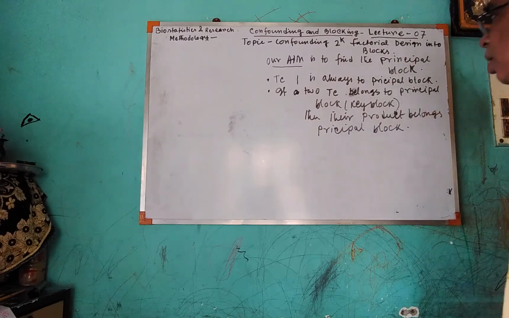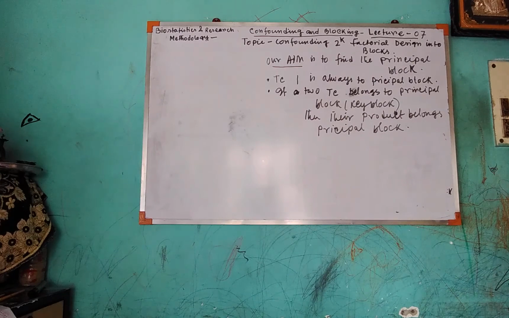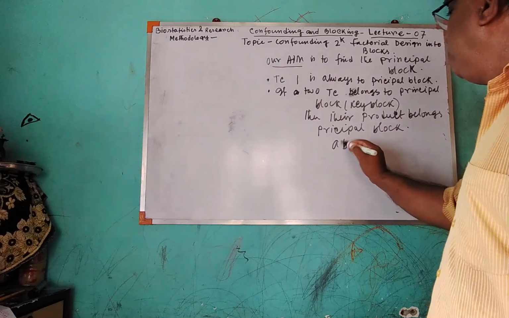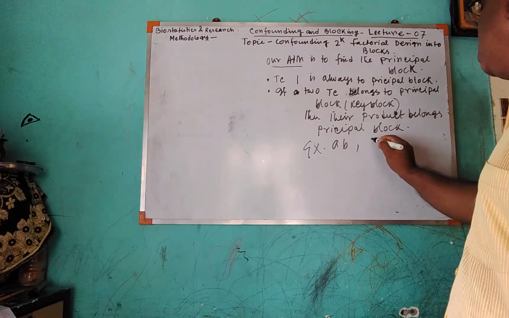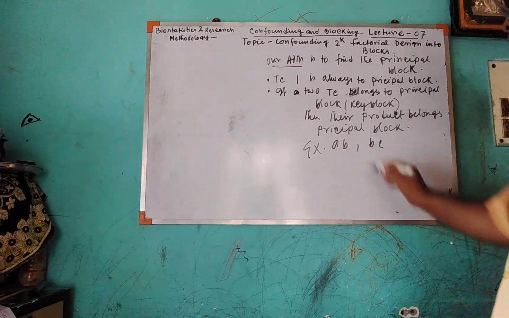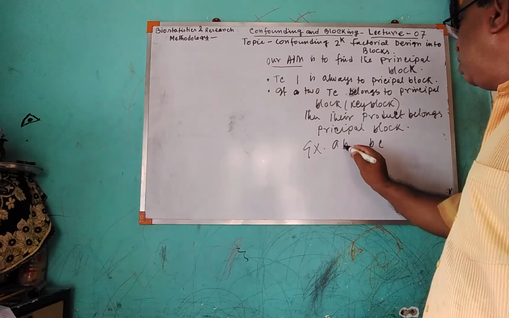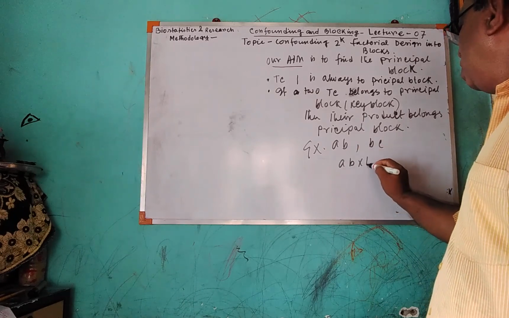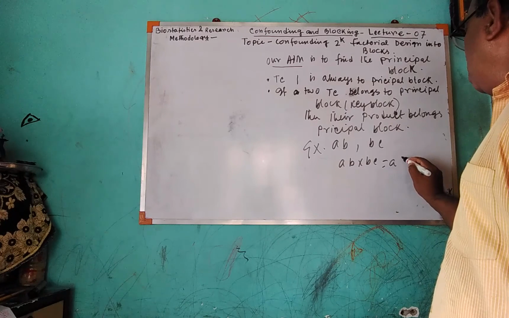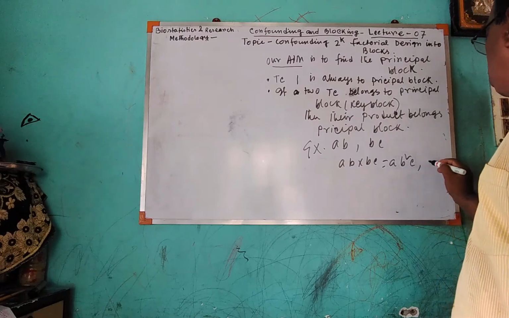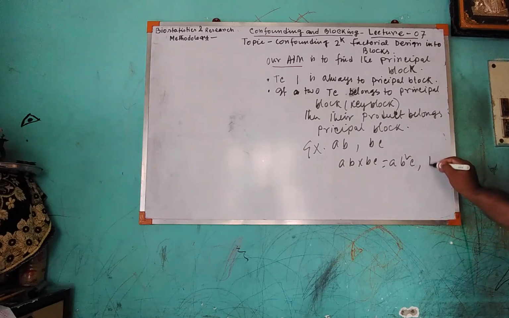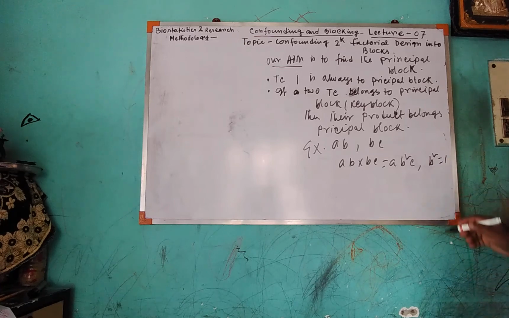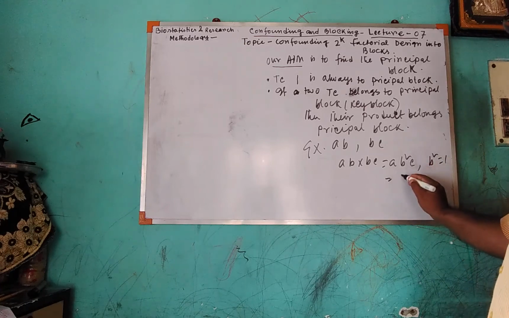By applying the multiplication rule, say for example, suppose AB is in principal block and suppose BC is in principal block. Then the multiplication rule applies. The product, AB into BC, gives A B square C. B square is equal to 1, when the power is 2 then it will be 1. So we can write AC.